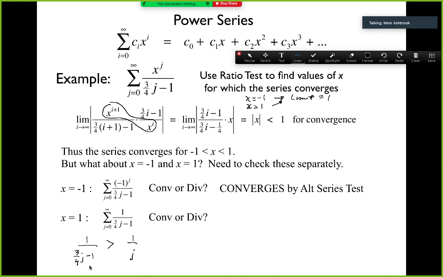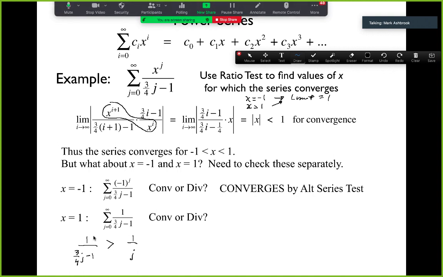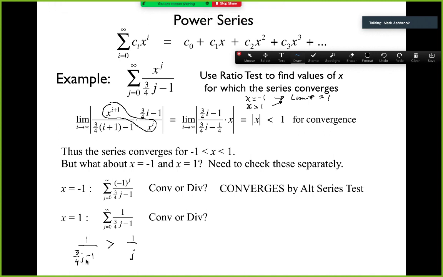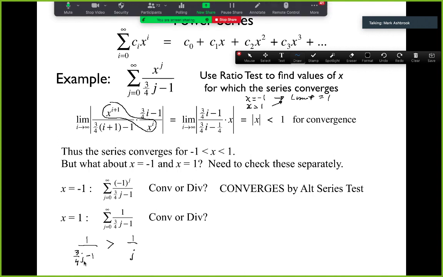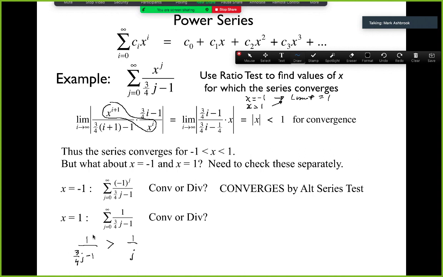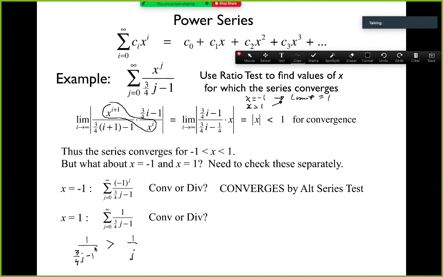So he's saying that the terms of 1 over 3/4 j minus 1 are all greater than the terms of 1 over j, except for the first couple terms where these are negative, right? When j equals 0, you get a negative. When j is 1, you get negative. When j is 2, and then they start becoming positive, then all these terms, because the denominator is less, the whole ratio will be greater.